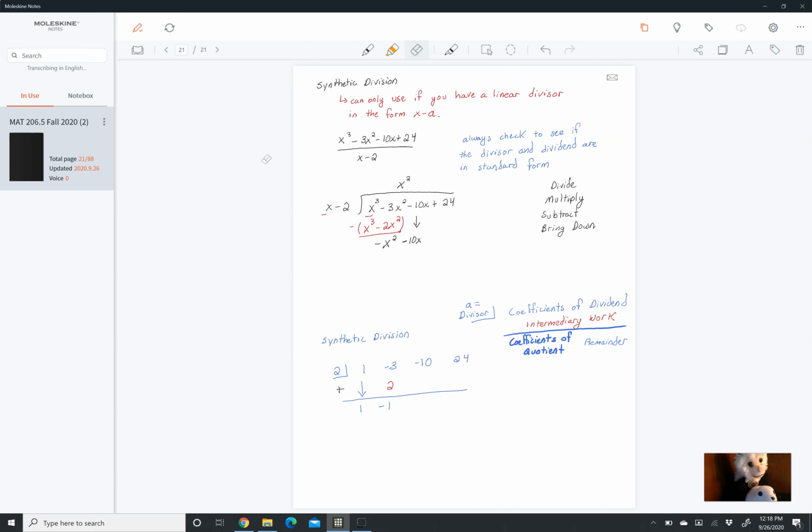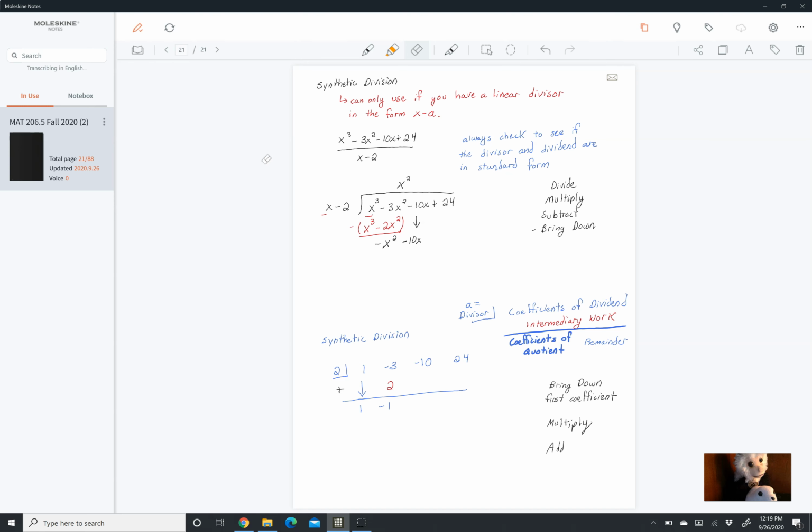For synthetic division, we bring down the first coefficient, but then we never have to do it again. Then we multiply, just like we do above. And instead of subtracting, we add.